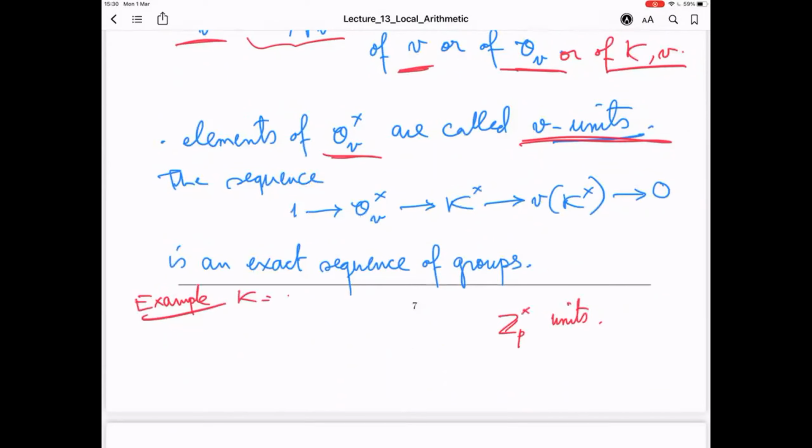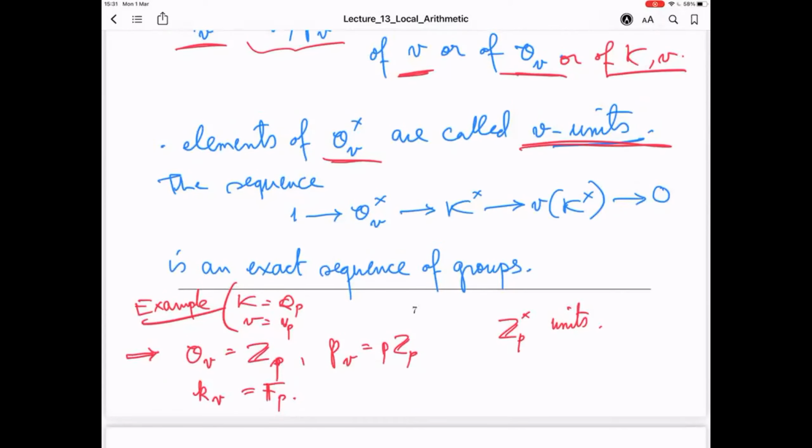If K is equal to QP and V is equal to what we had called VP, then this OV is equal to ZP, and PV is equal to P times ZP, and this little kV is equal to FP.